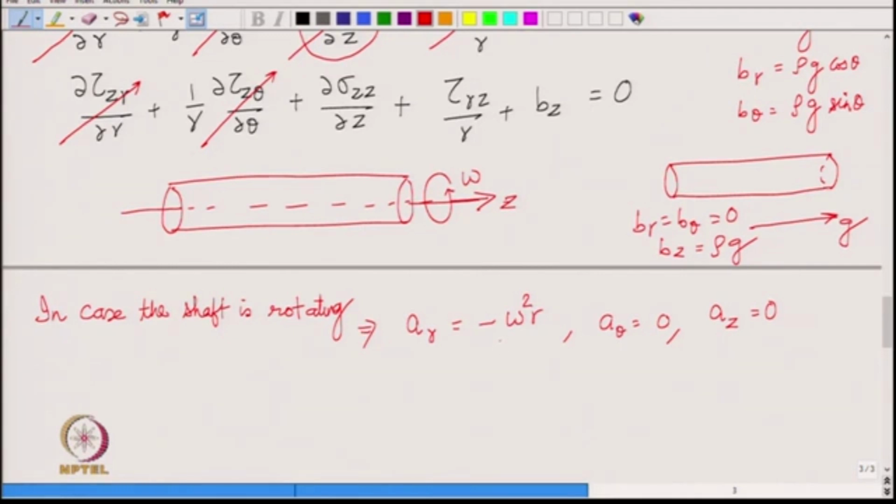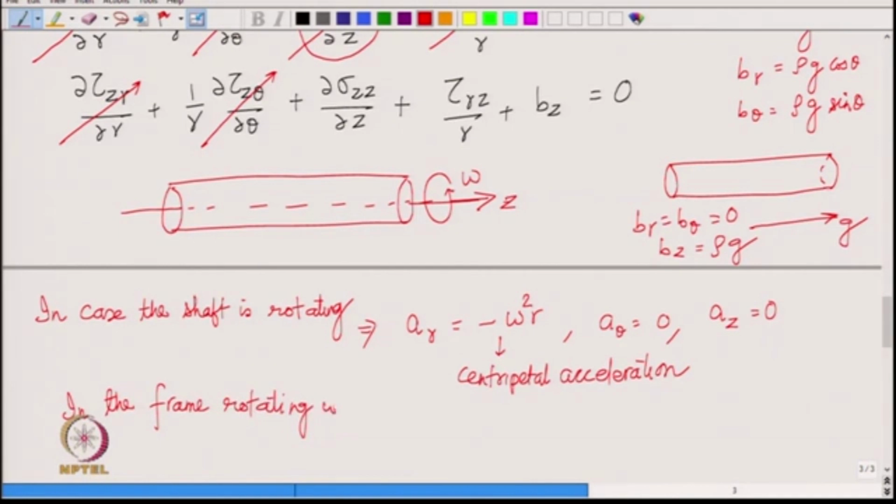So, here it is centripetal acceleration, but in the frame rotating with the shaft, a_r, a_theta, a_z are all 0, because we are in the frame of the shaft.